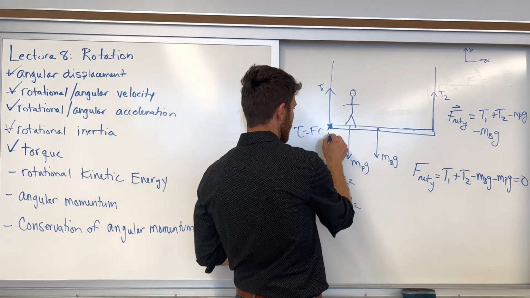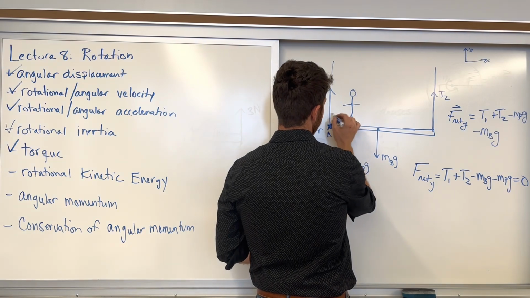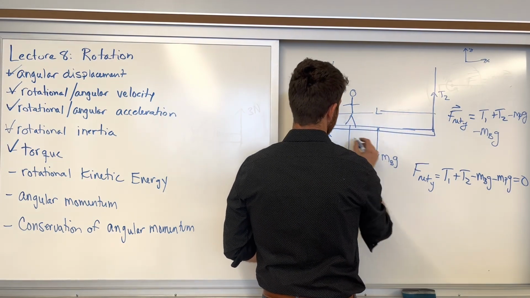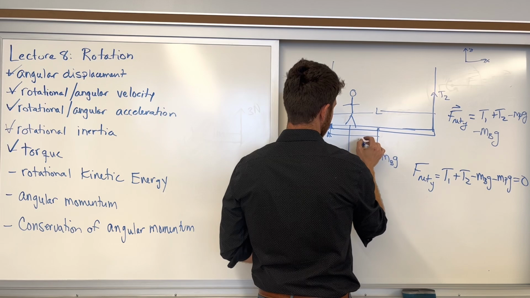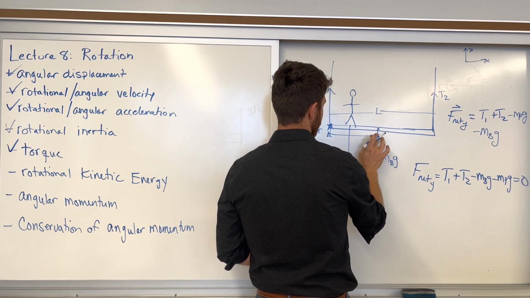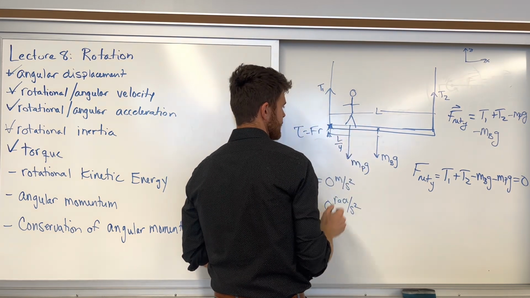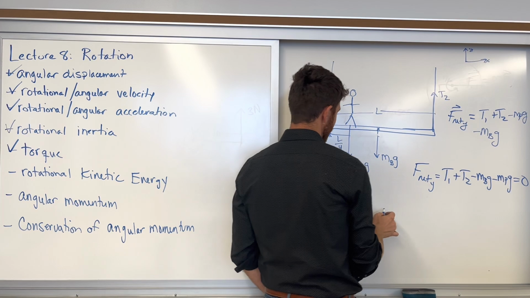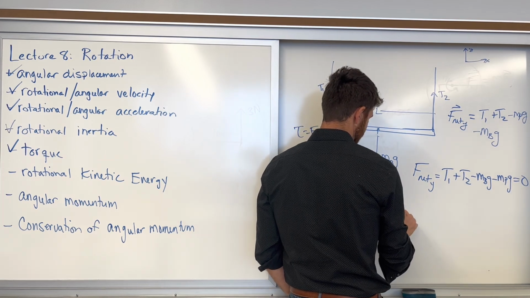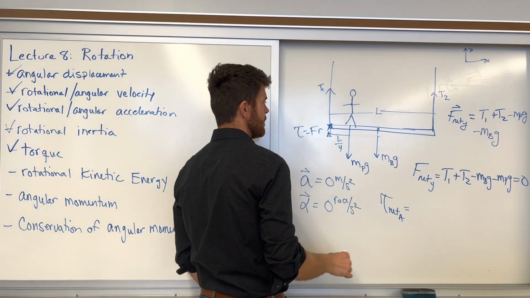Okay, so let's call this point A. And let's say that this board has a length L, and this is the center, so that's L over 2, and this is L over 4, the distance to the person. So what forces generate a torque about point A?